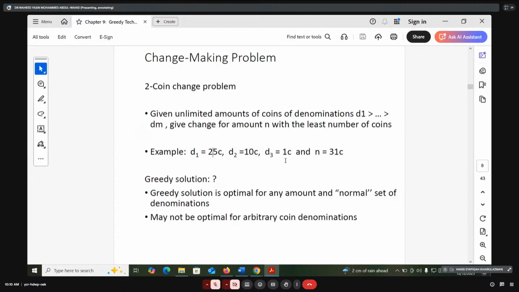But if I follow the greedy approach, I will give you 25 and 6 from note 1, so 1 and 6, 7. However, if I apply another approach, I will not start with 25, I will start with 10. So I give you 3 coins of 10 and 1 coin of 1, so it will be 31.